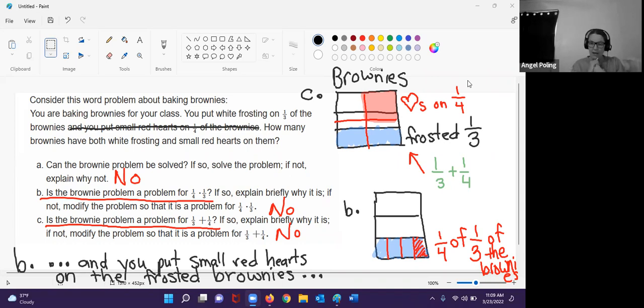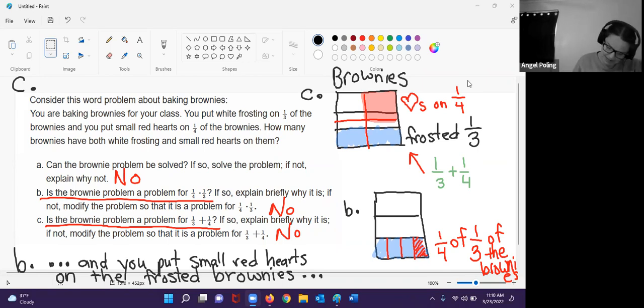Okay, now to get the image to be 1/3 plus 1/4, what should we modify? So for C, which we have above, I'm going to write it up here to match the top drawing. So for 1/3 plus 1/4, we need to be sure to note that they're not frosted.